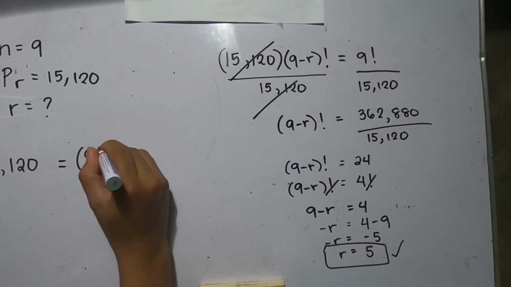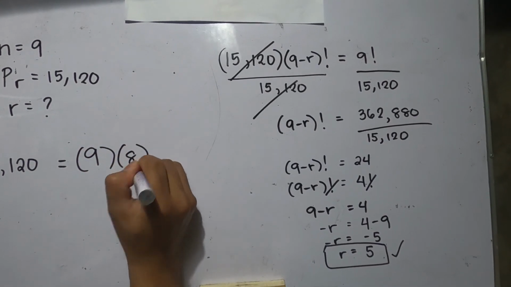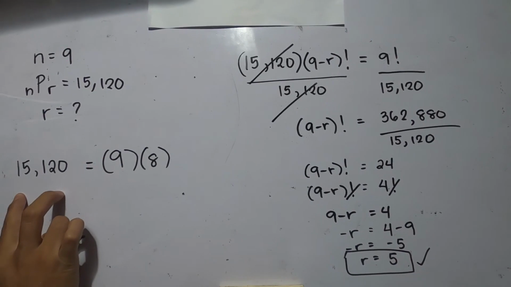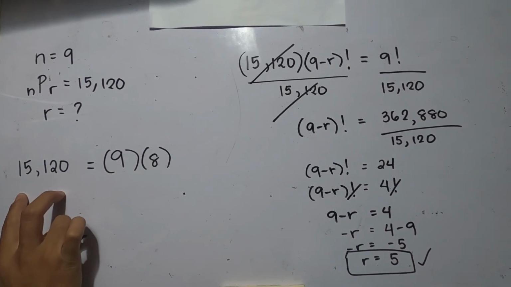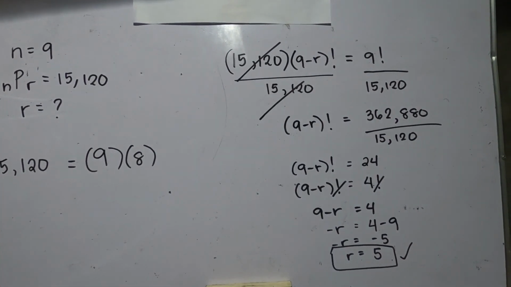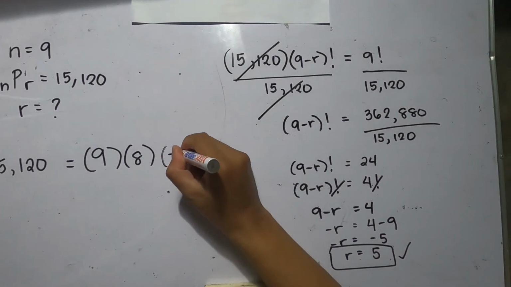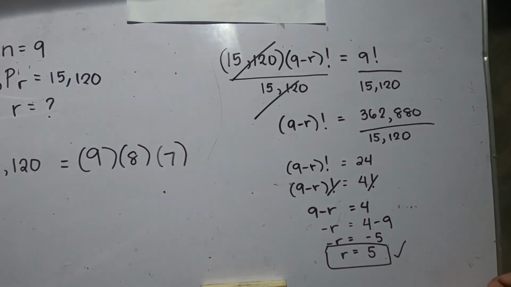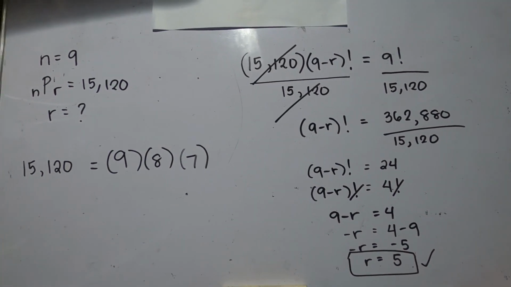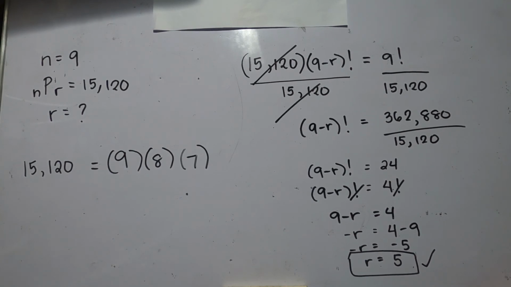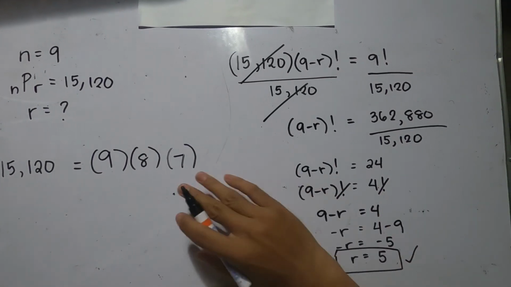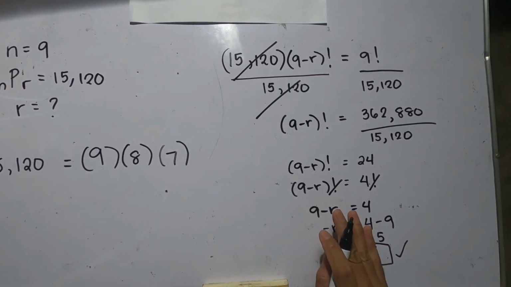Nine times 8 is not equal to 15,120. So we multiply it again by the integer less than it. The next positive integer is 7. But the product of 9, 8, and 7 is just 504. Remember, our goal is to have a product of 15,120. Suppose you continue these factors until 5.